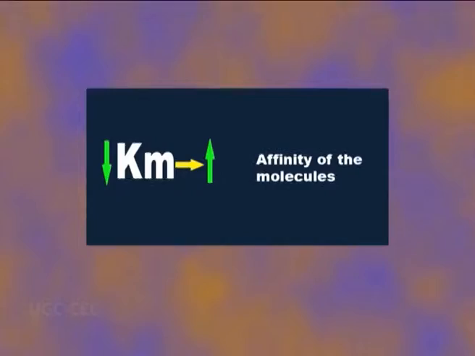Km is the amount of substrate required to move the reaction at half maximum velocity. Thus, the lower the Km, the higher the affinity of the molecules. Hence, the readily metabolized D form of glucose competes very effectively for transport into the erythrocyte even if present at lower concentrations than other hexoses.